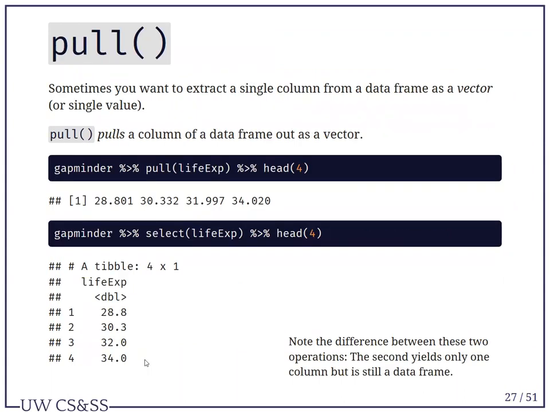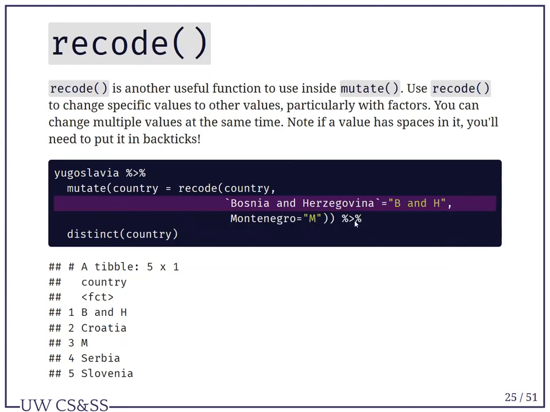Another question. Could you explain recode again? Sure. So recode allows us to change the specific values of things, particularly that are factors. Here I changed the country column to recode the country column.